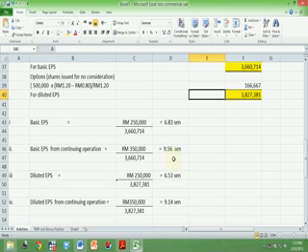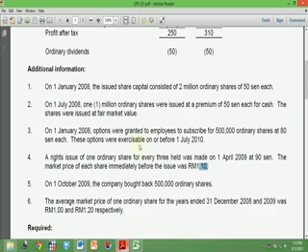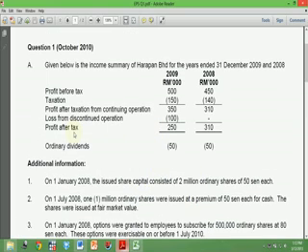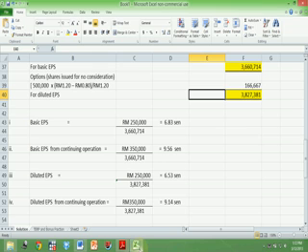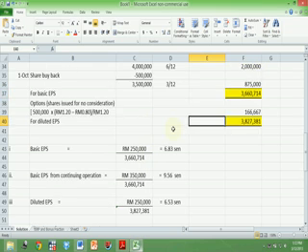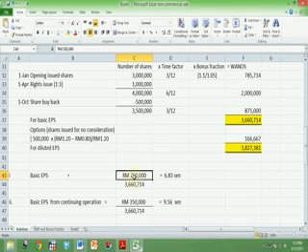Okay, now we move to basic EPS. For basic EPS, the profit after tax is 250,000 and the weighted average number of shares is 3.66 million, around that. So the basic EPS is 6.83 cents.